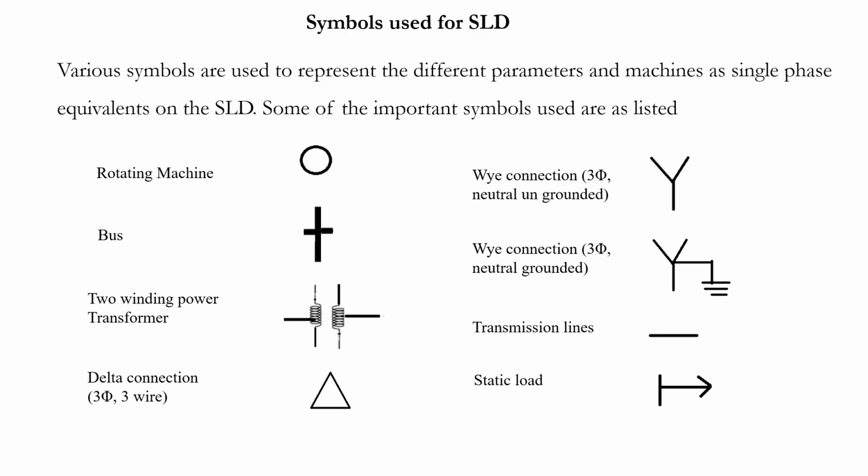Coming to the star connection, three-phase, neutral and grounded. Here, the neutral is not grounded, so it is nothing but a three-phase, three-wire system. Whereas in a three-phase, four-wire system, the neutral is grounded and the fourth wire is shown like this. Then, all the lines are represented as transmission lines in the SLD. This is the symbol of the static load.